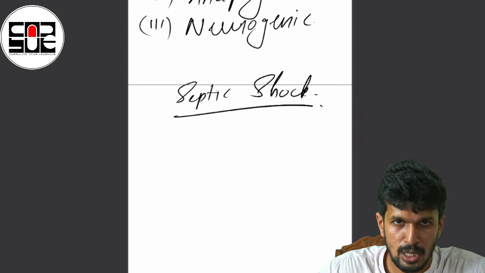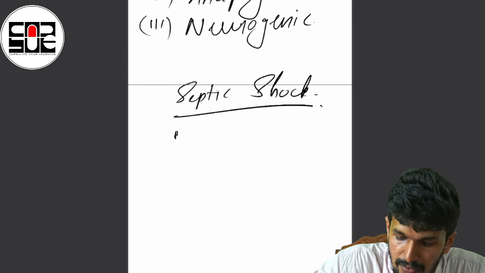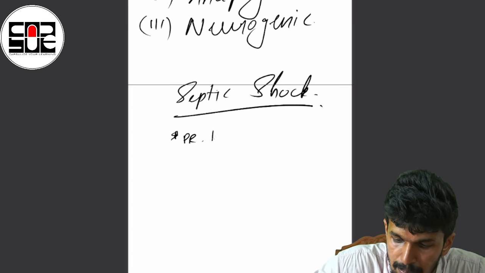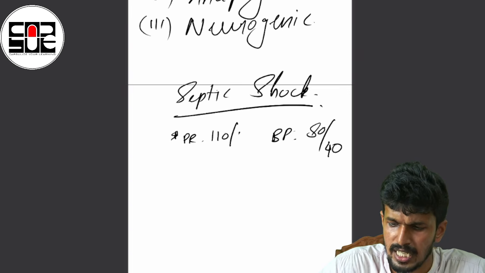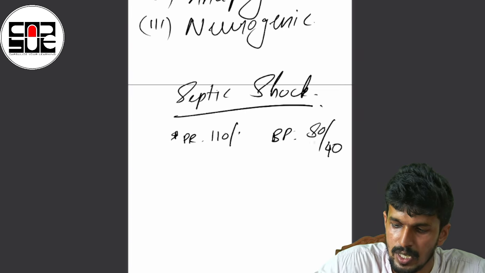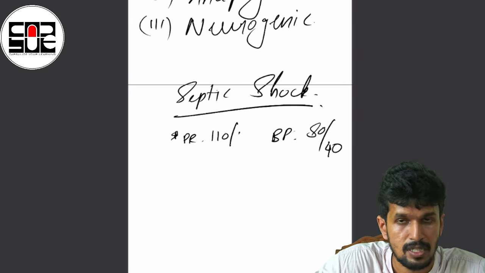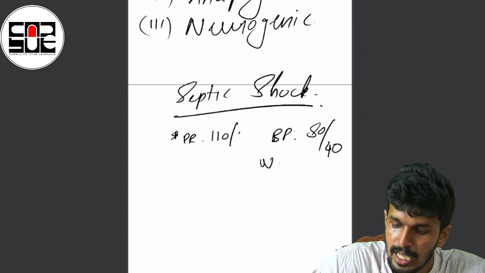So BP is on the lower side. Whenever the patient is having a pulse rate of almost 110, the BP will be almost 80/40. Just for namesake, if the BP is 80/40, you notice something known as pulse pressure, that is the difference between systolic and diastolic pressure. You notice that there is a wide pulse pressure.